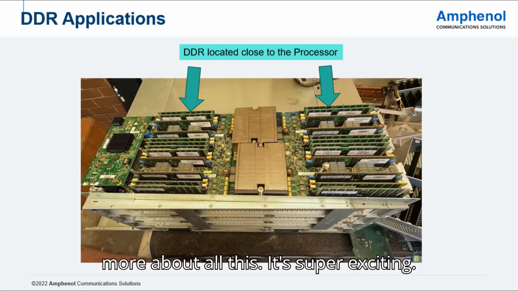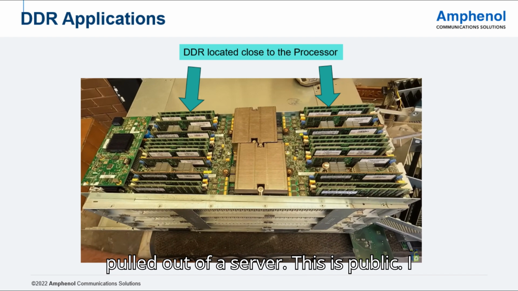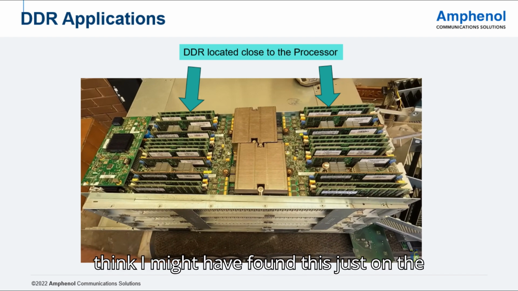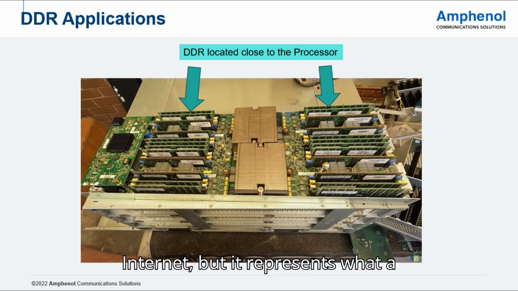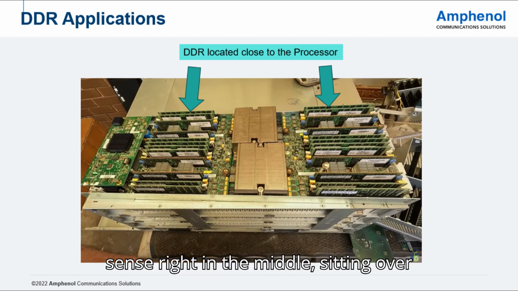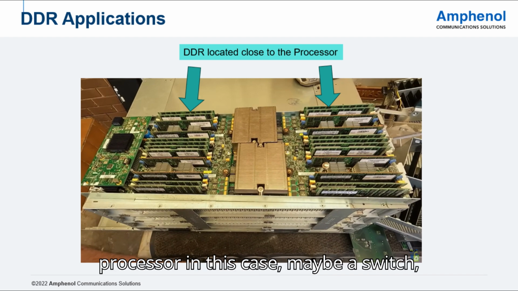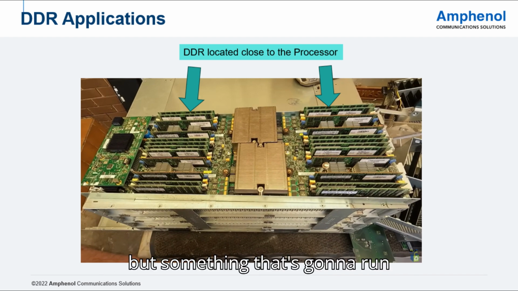It's super exciting. This is just a picture of a blade that is pulled out of a server. This is public; I think I found this on the internet, but it represents what a typical DDR application looks like. What you're seeing are these big heat sinks right in the middle, sitting over top of probably a processor in this case, maybe a switch, but something that's going to run and need lots of memory to do its function.